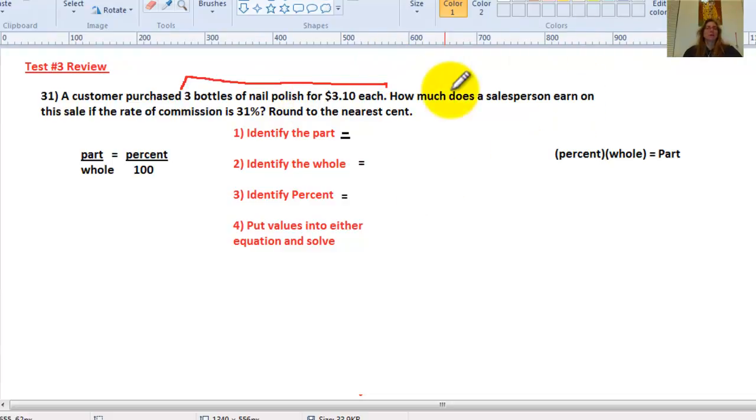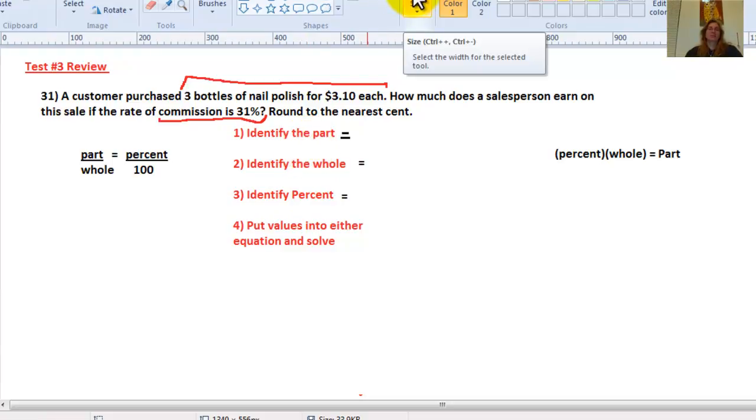And then we're given a rate of commission when somebody sells that nail polish. So let's plug our information into our parts and wholes and percents.